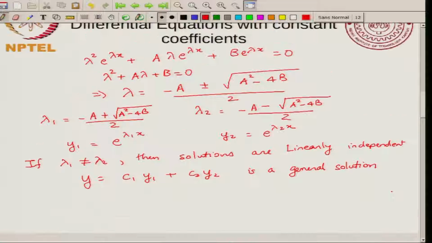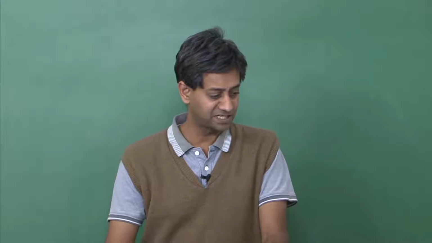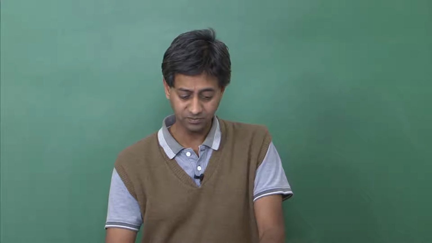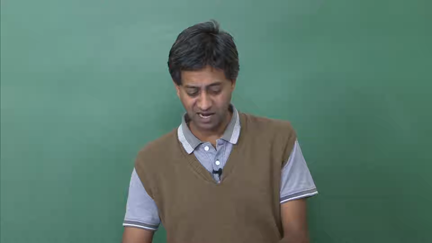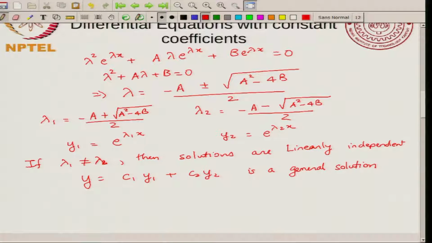If they are not linearly independent, if lambda 1 is equal to lambda 2, what do we do? Well, it is not too hard, you can find one solution, but you learnt in the last class that once you have one solution, you can find the second solution by variation of parameters. So if I just have one y1, I can find a linearly independent solution by using the method of variation of parameters.